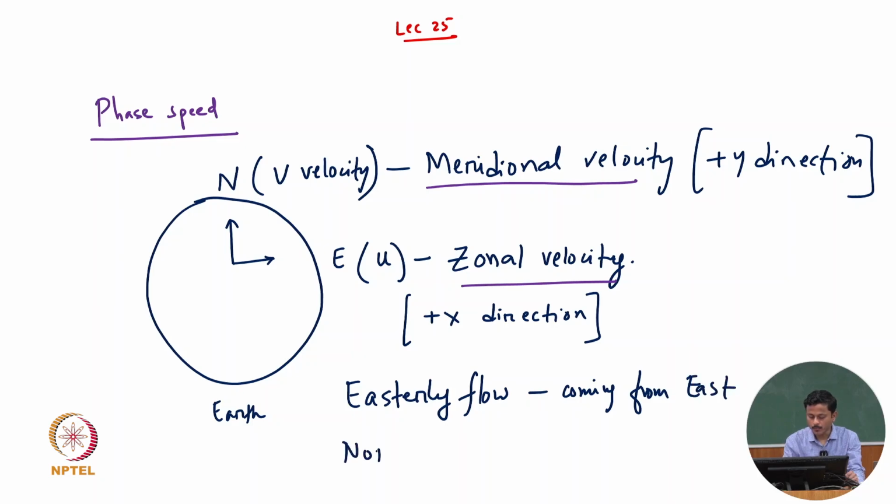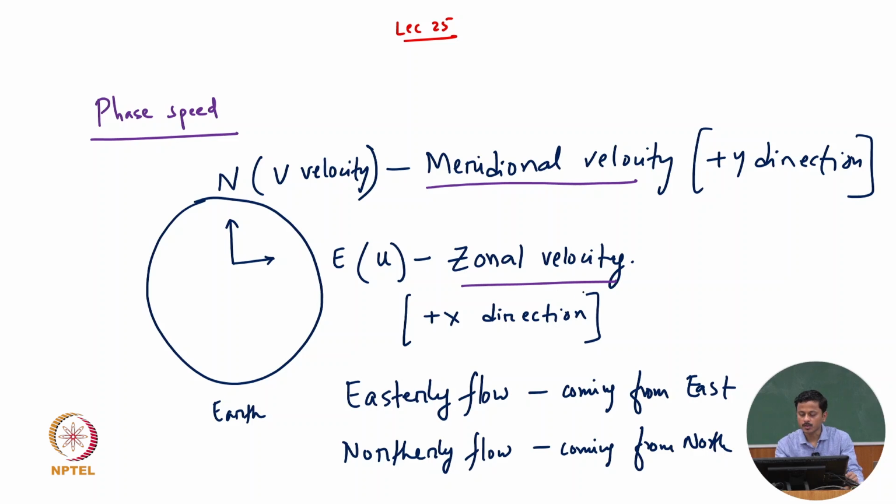If there's a northerly flow, it is coming from the north. This is for both oceanic flows and atmospheric flows, so northerly wind, easterly wind.